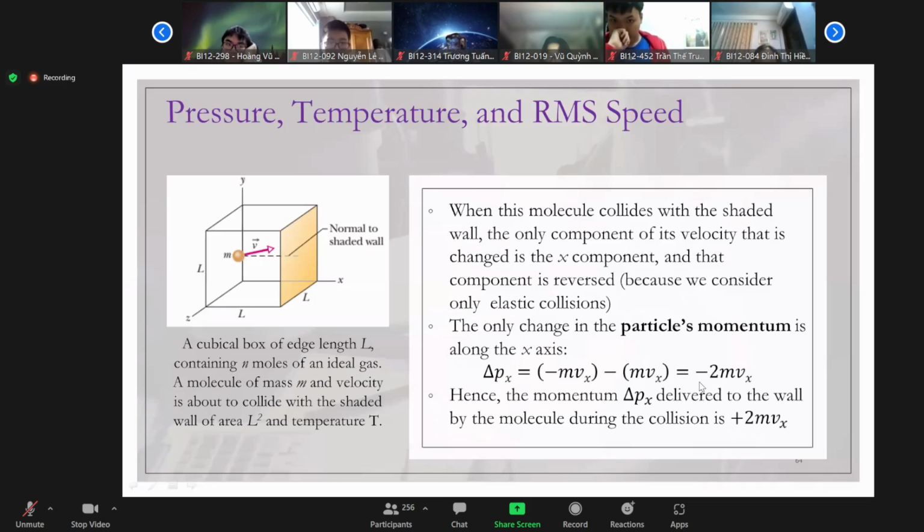But here we consider the magnitude. Một cái là thay đổi của momentum. Thì khi mình tính tới hướng thì nó là trừ 2mvx, nhưng mà đây mình tính tới độ lớn. Rồi ạ, ok, mình tính tới độ lớn.